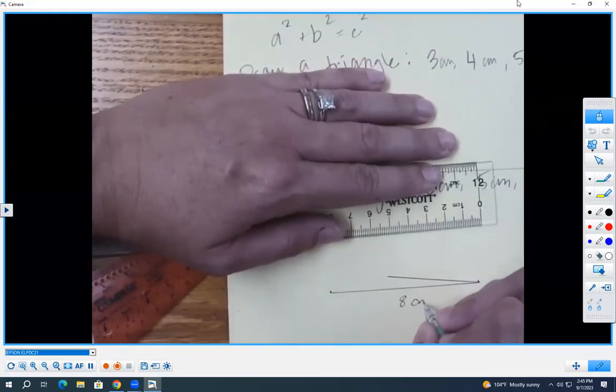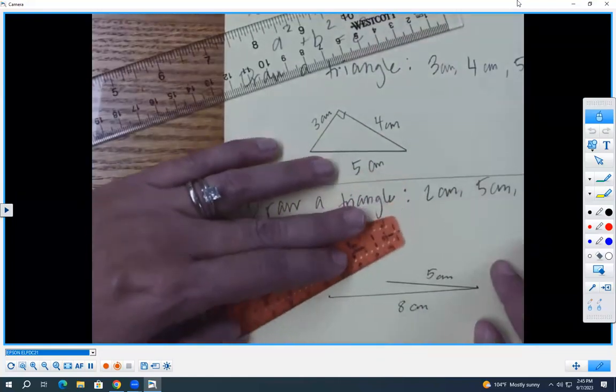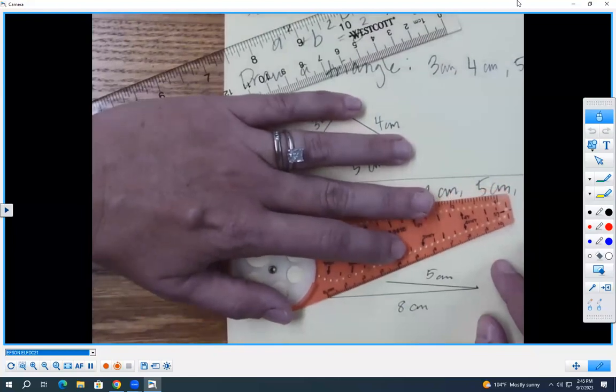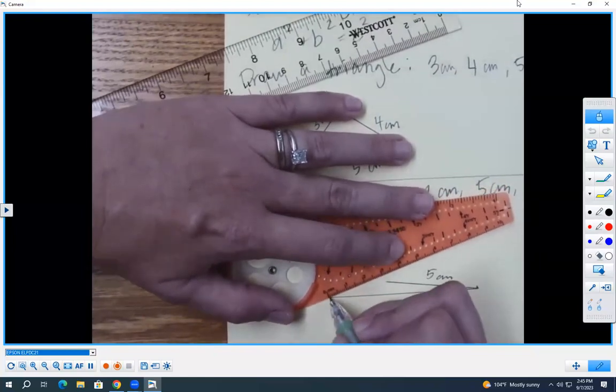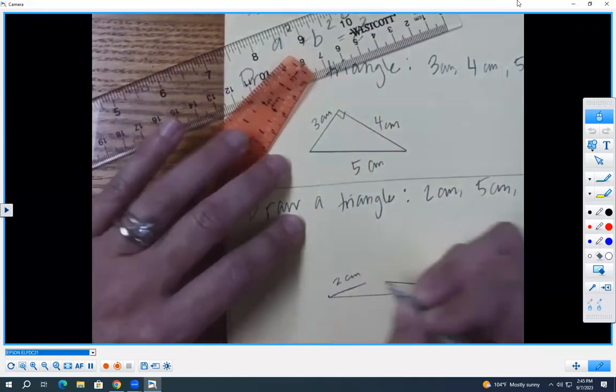This one's 8. This one's 5. And this one is supposed to be 2. I can't get it to touch. Why can I not get it to touch?